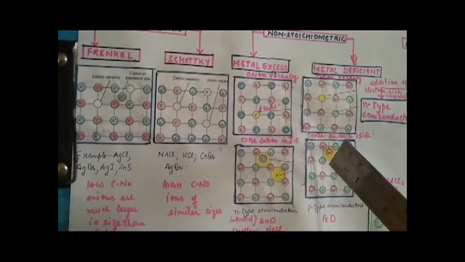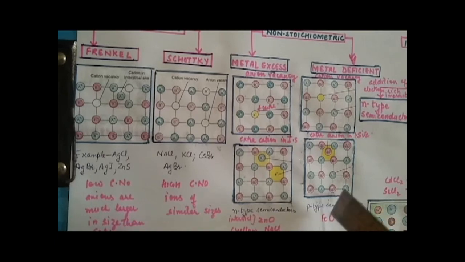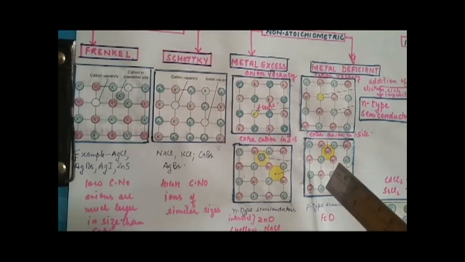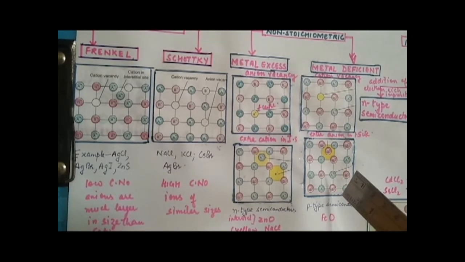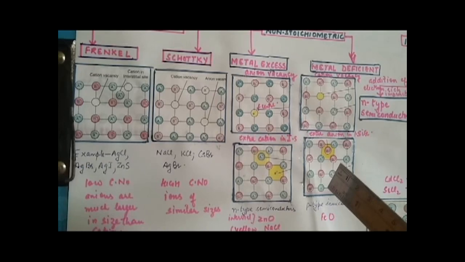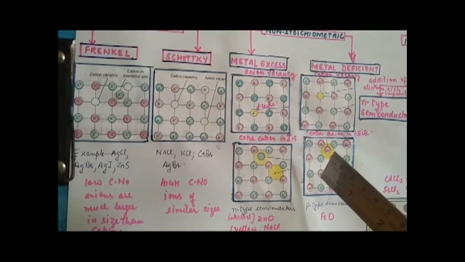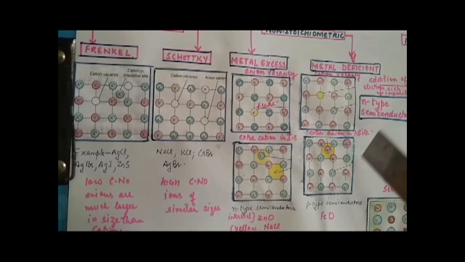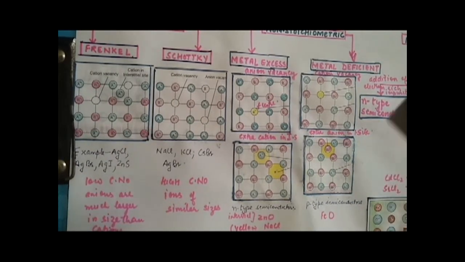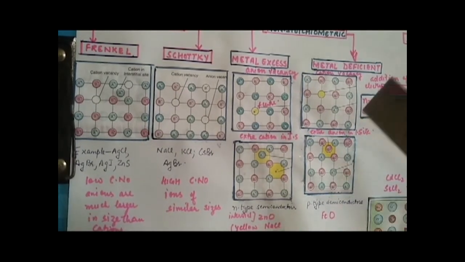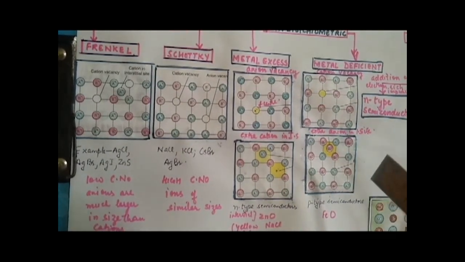This happens because, instead of 3 ferrous ions, 2 ferrous ions will change into ferric ions, and the third site, which was occupied by a ferrous ion, is left vacant. So instead of 3 ferrous ions, there are 2 ferric ions and 1 site is vacant.